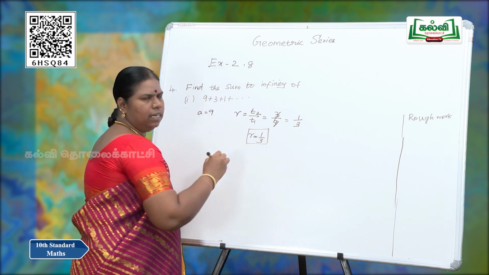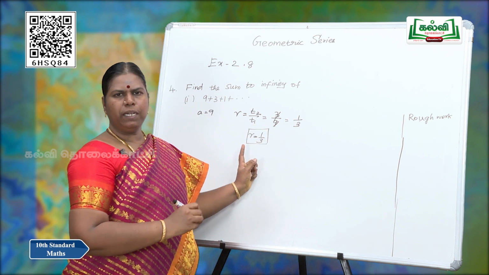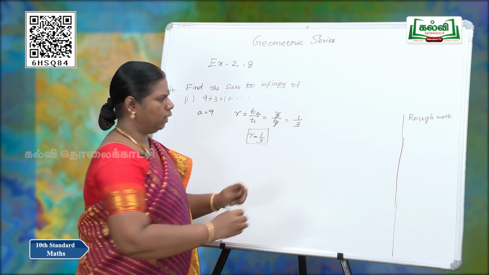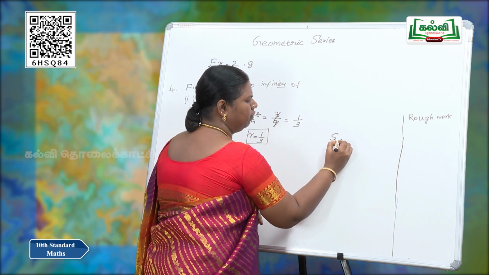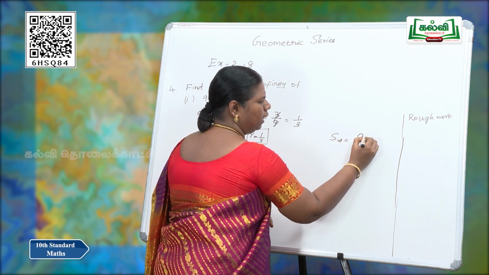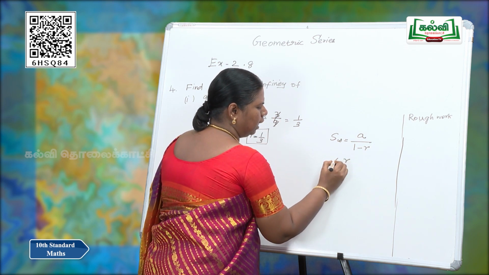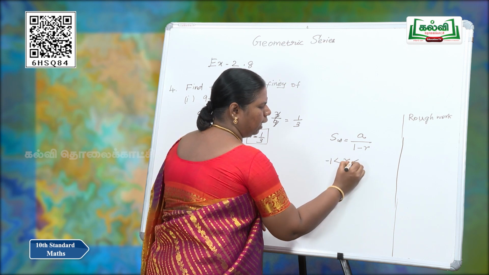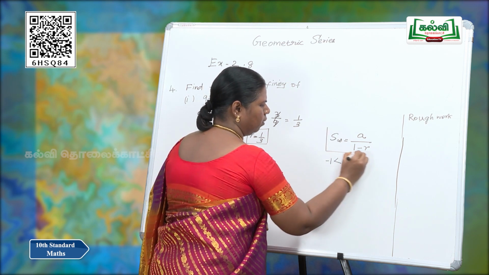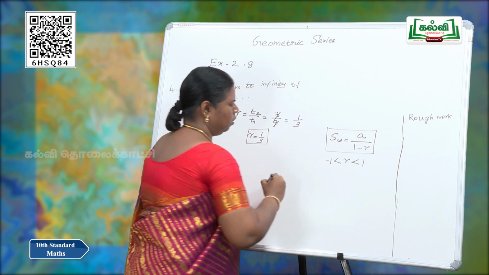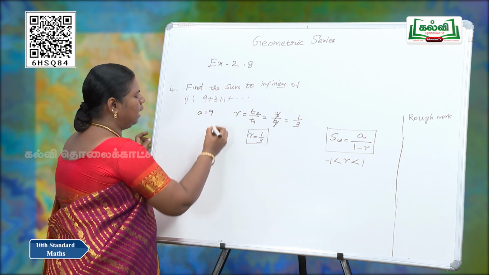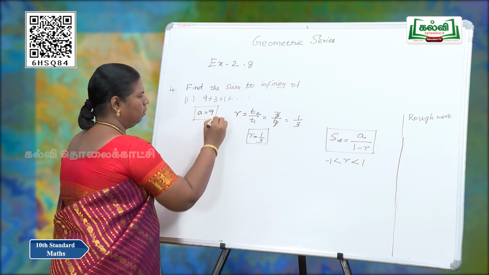For the sum to infinity, R lies between minus 1 and plus 1. We have the formula S infinity is equal to A by 1 minus R, where R lies between minus 1 and plus 1. Substitute the values. A is equal to 9.